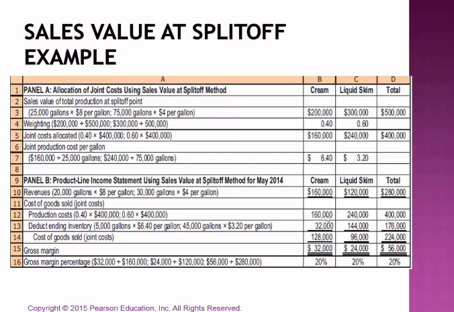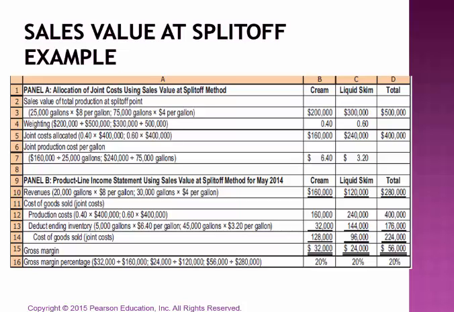If we take the allocated portion of the production or joint cost for the cream and we subtract the ending inventory for cream, then we get cost of goods sold for cream. That, of course, can get subtracted from the revenues to give us our gross margin. And then we can take our gross margin over our revenues and calculate a gross margin percentage.